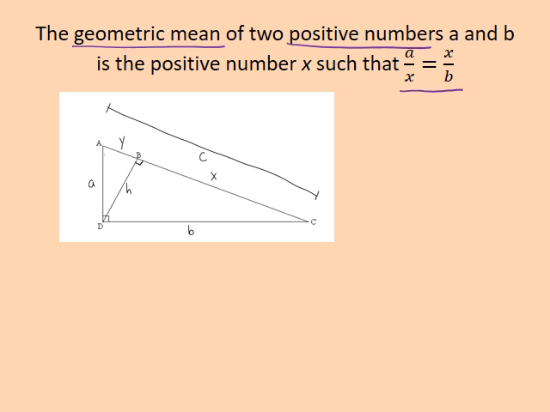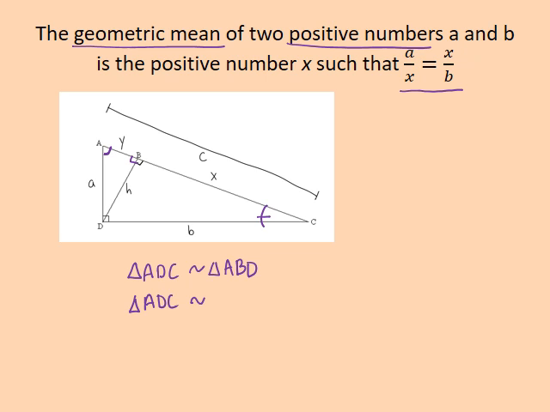If we look at the big triangle, triangle ADC, we know that triangle ADC is similar to triangle ABD because they both share angle A, and then we need to go to the right angle. We also know that triangle ADC is similar to triangle DBC.